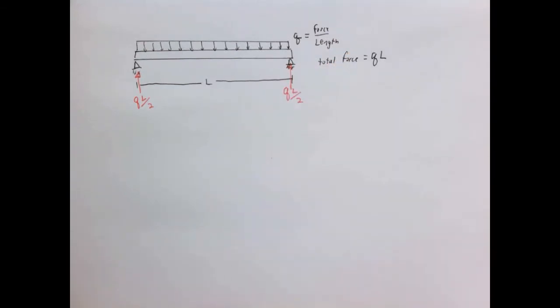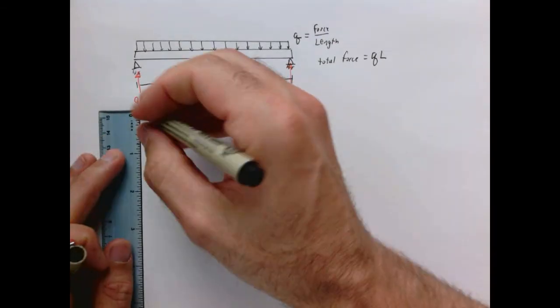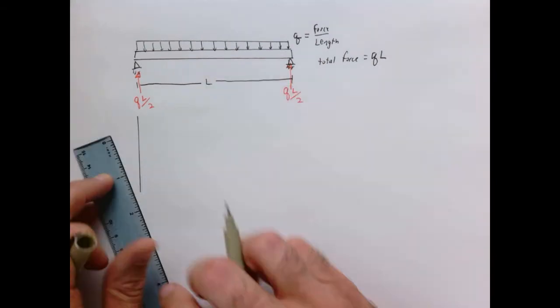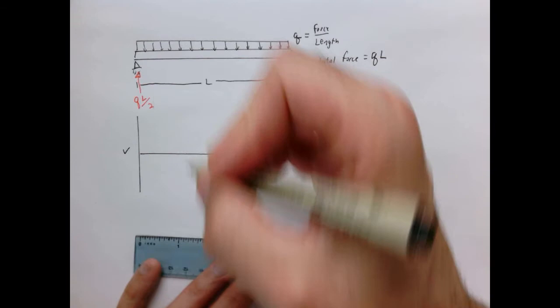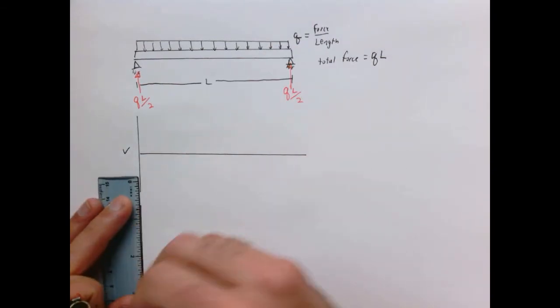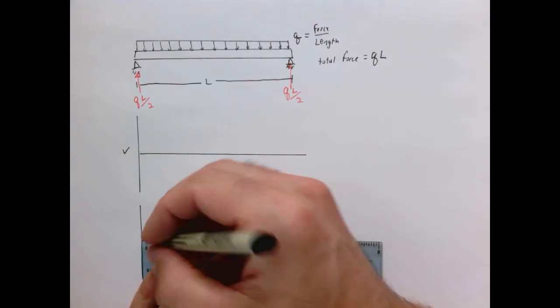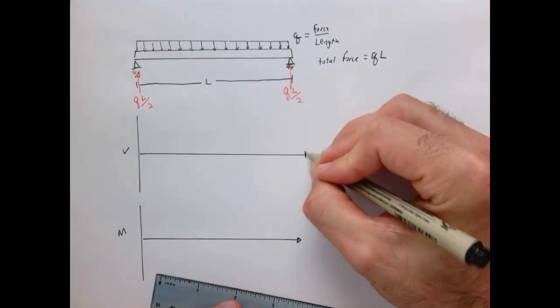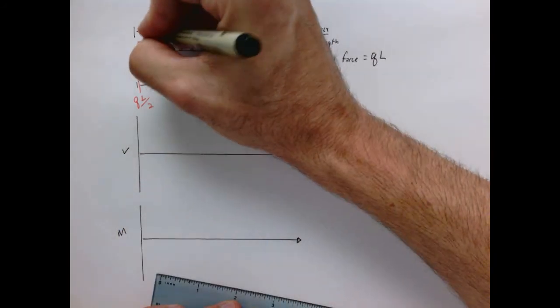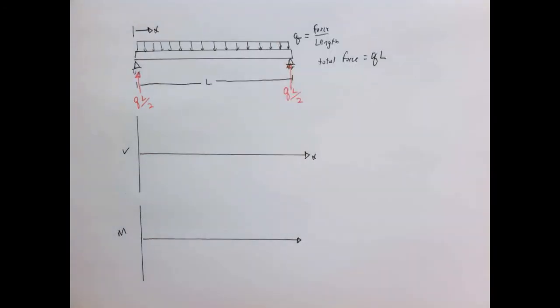So now let's see what the shear and bending moment diagram for a beam under its own weight is. So let's draw two diagrams down here. This will be our shear, V. This will be our bending moment, as usual, M. And this is our coordinate direction, X, which is the distance from the end of the beam.